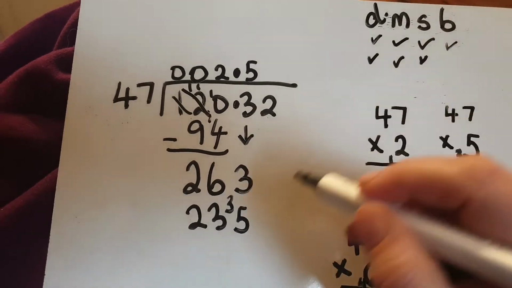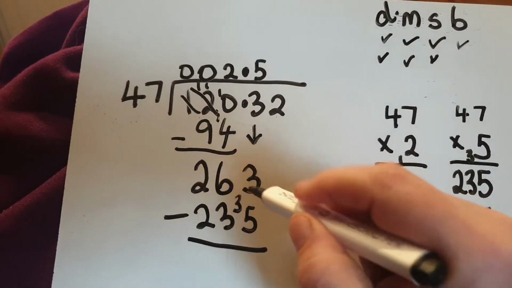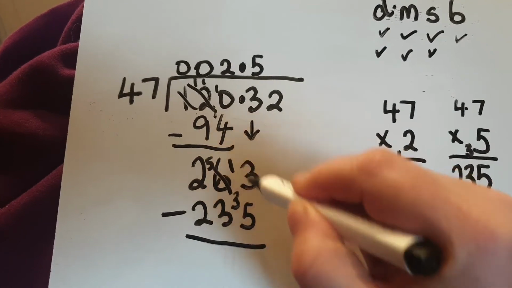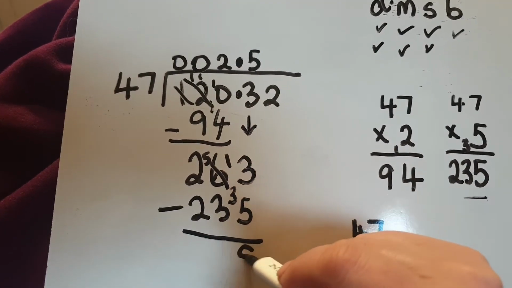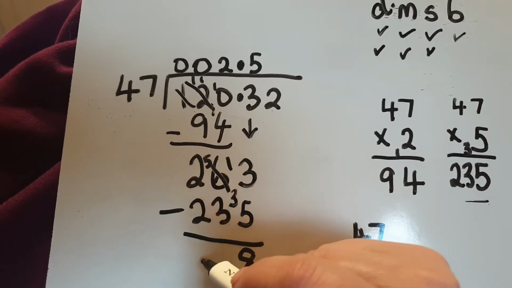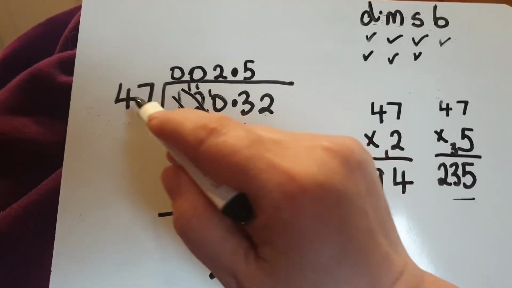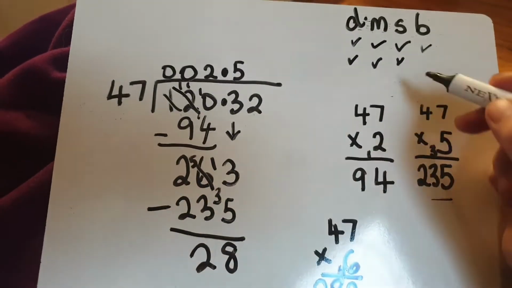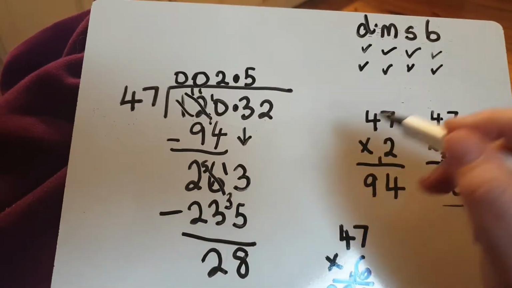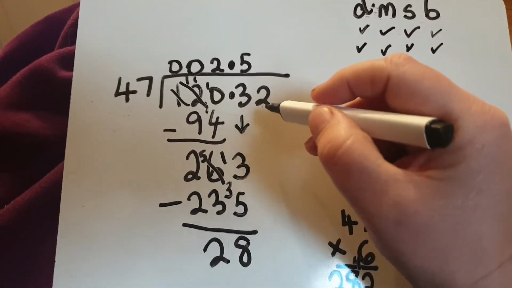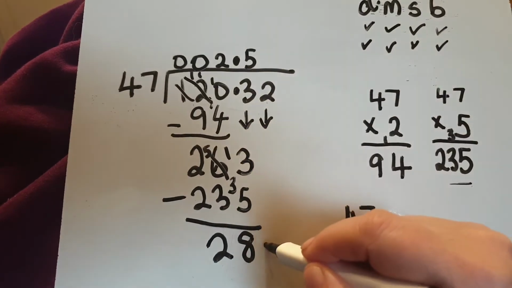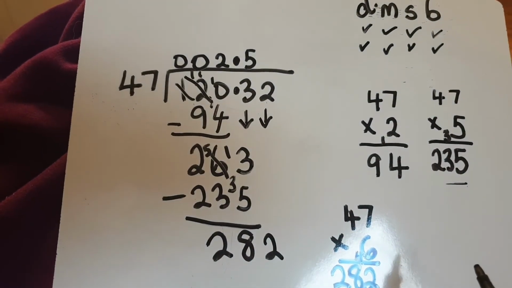Next of all, I'm going to subtract my takeaway sum. And I can see my answer is smaller than 47. Okay, now I've got to bring down the next number, which is the 2, making 282.